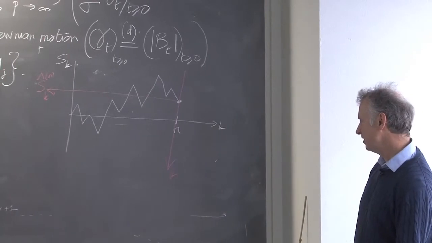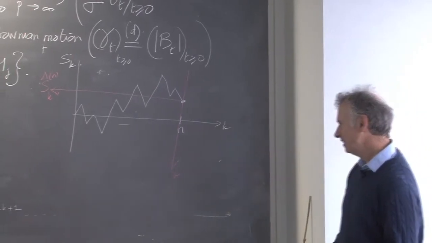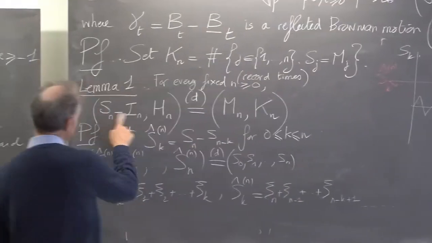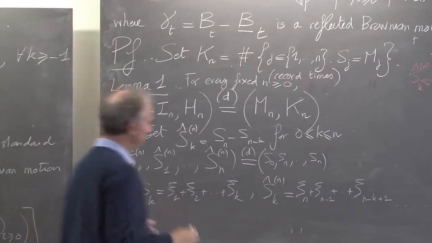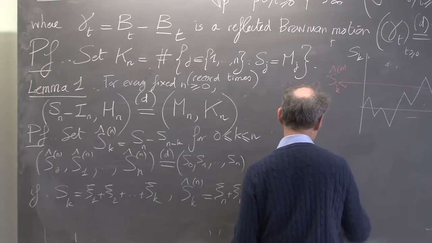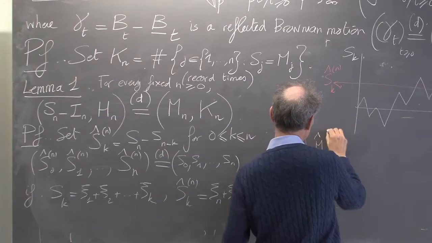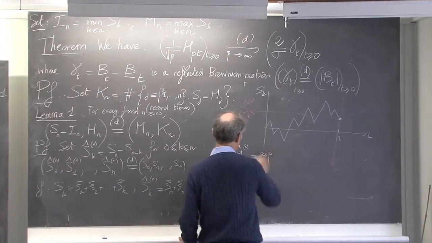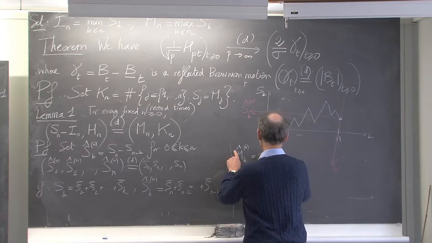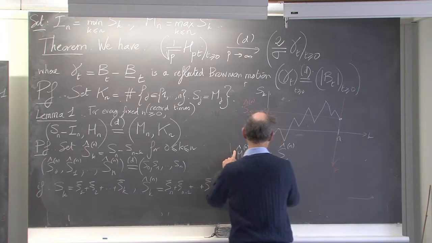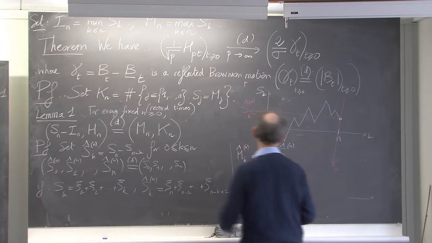So why do I say that now? Well, now, for instance, if I look at Sn minus In, well, maybe one more notation. I define, should be a more or less obvious notation, m hat n k as the maximum of S hat n up to time k.